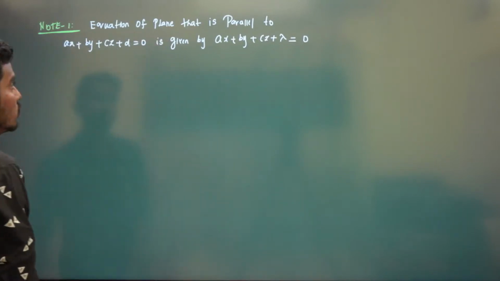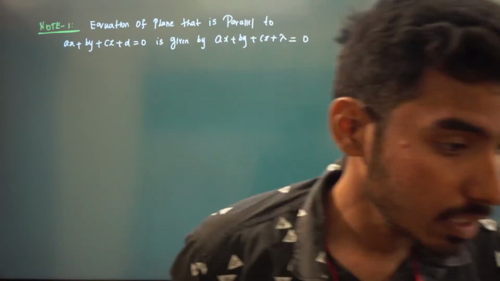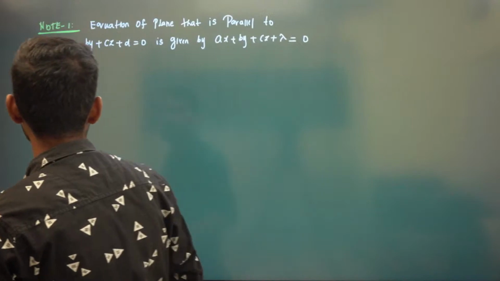Very important. So if you want to find the equation of a plane that is parallel to some plane, that equation is given by ax plus by plus cz plus lambda is equal to 0.